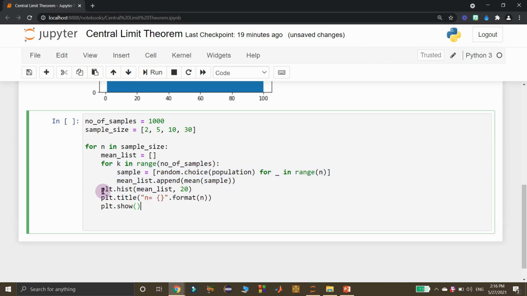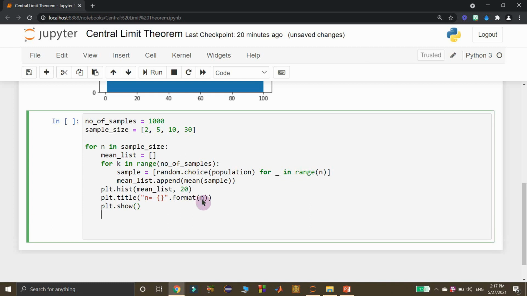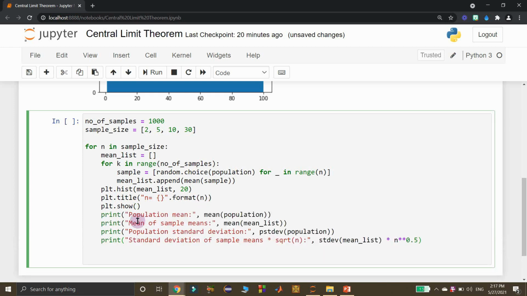Then I am going to display the histogram of the mean list, and I am giving the title n is equal to the value present in that n, which is nothing but the sample size for that current iteration. After that I am going to display the various parameters here. The first parameter I am going to display is the population mean, and the second parameter is the mean of sample means, and the third parameter is the standard deviation of the population.